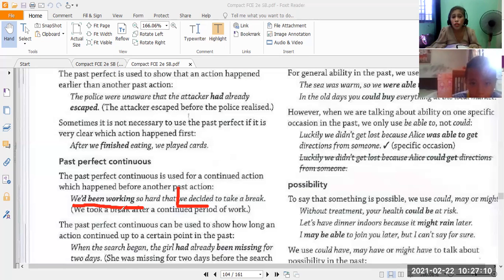The explanation here is like this. I will give the sentence. We've been working so hard, Teacher Anne, that we decided to take a break. So two actions. First action, Kayo, is we've been working so hard. Second action, we decided to take a break.